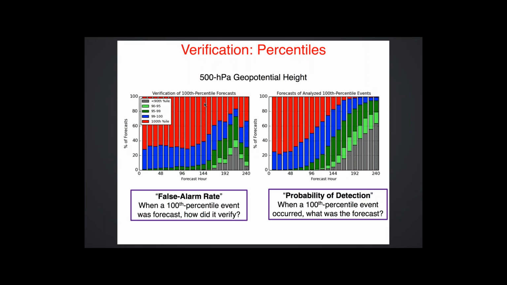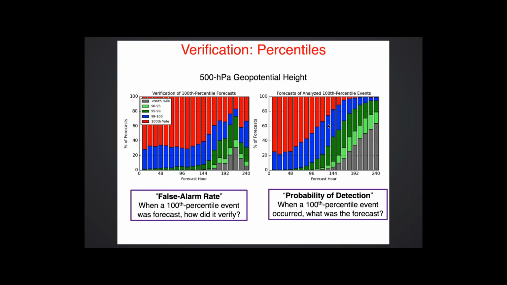A 100th percentile event is what occurred. And the other almost 40% of the time, it ended up being a 99th percentile event. So we can see that at least for this variable, the NAEFS has a very low false alarm ratio.